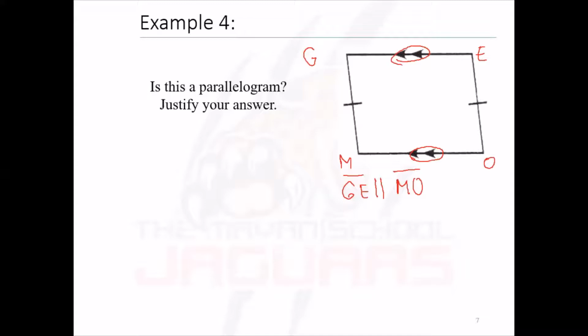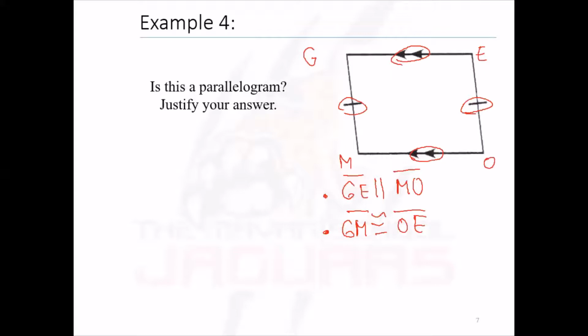And also from the figure, I can see that the segment GM is congruent, because of this marking, with the segment OE. So I have one pair of sides that are parallel and another pair of sides that are congruent.